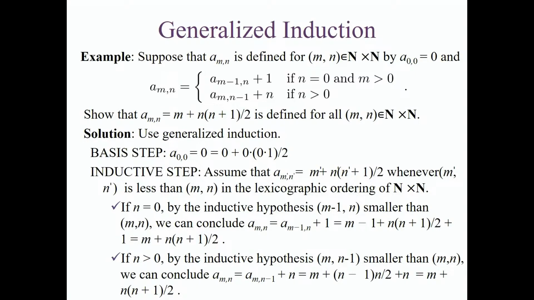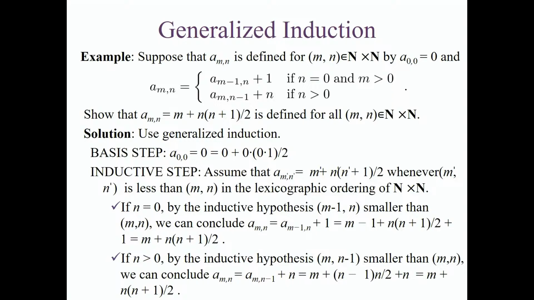If n is 0 and m is larger than 0, then we use the previous term to define a(m,n), which equals a(m-1, n+1). Once n is larger than 0, then this term equals a(m, n-1) plus n.